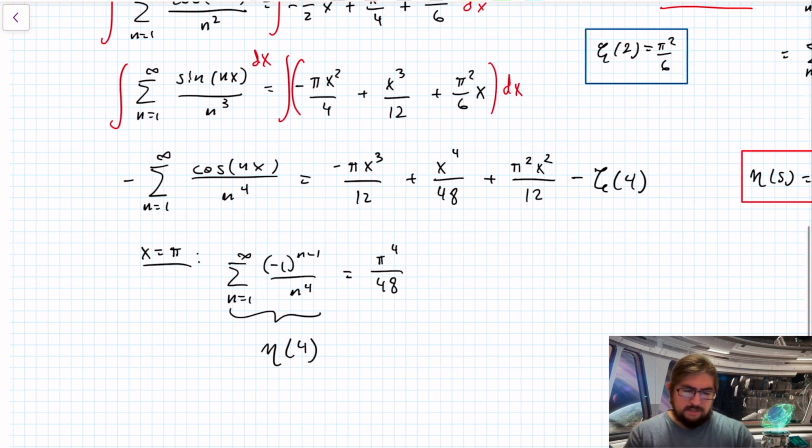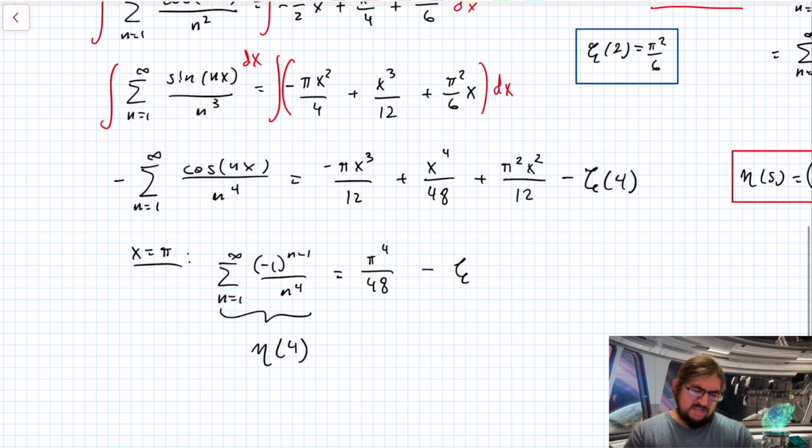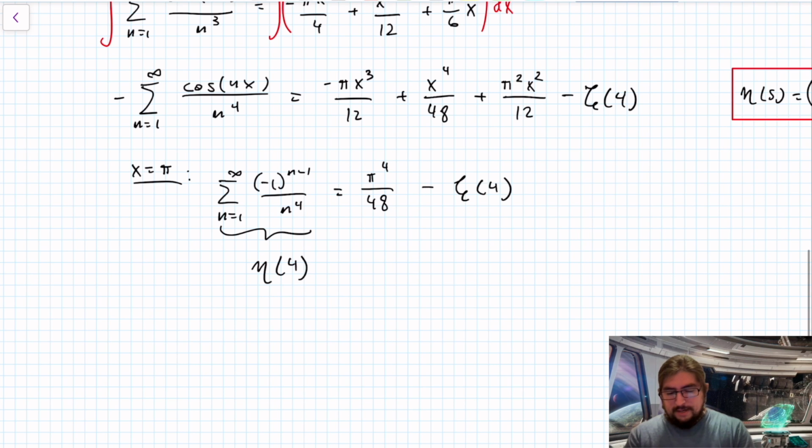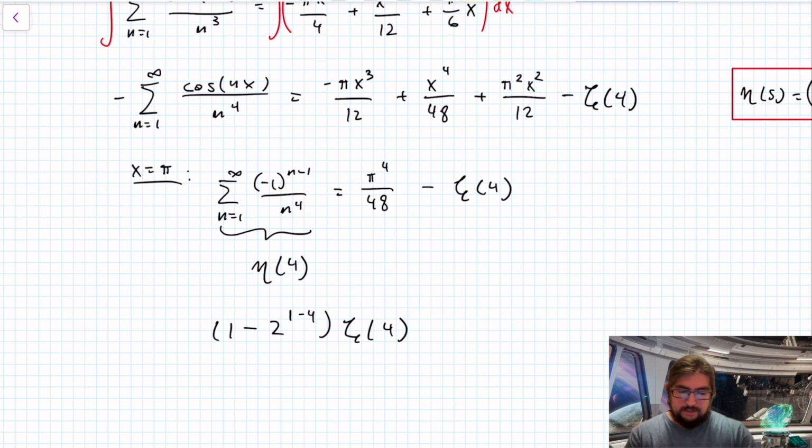minus zeta of 4. Perfect. Now remember, eta is 1 minus 2 to the 1 minus s, which is 4 here, times zeta of s, which is 4. There's a few ways of doing this, but what I want to do is add this to the other side like that.